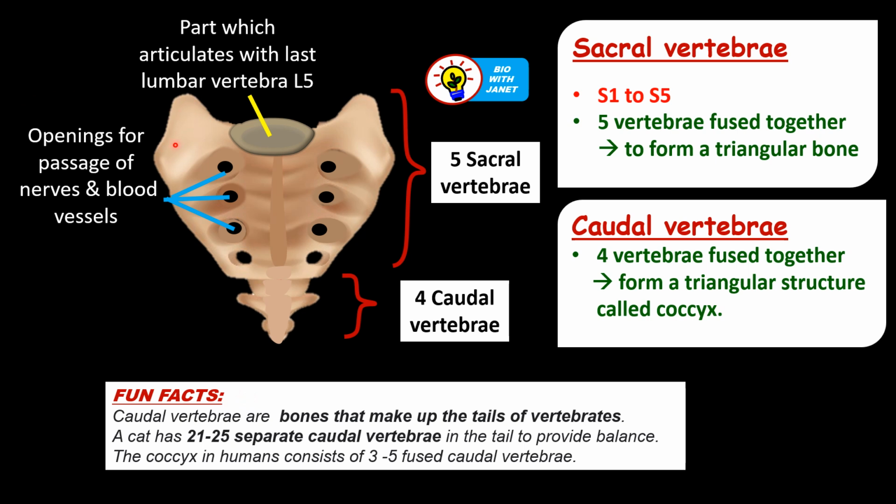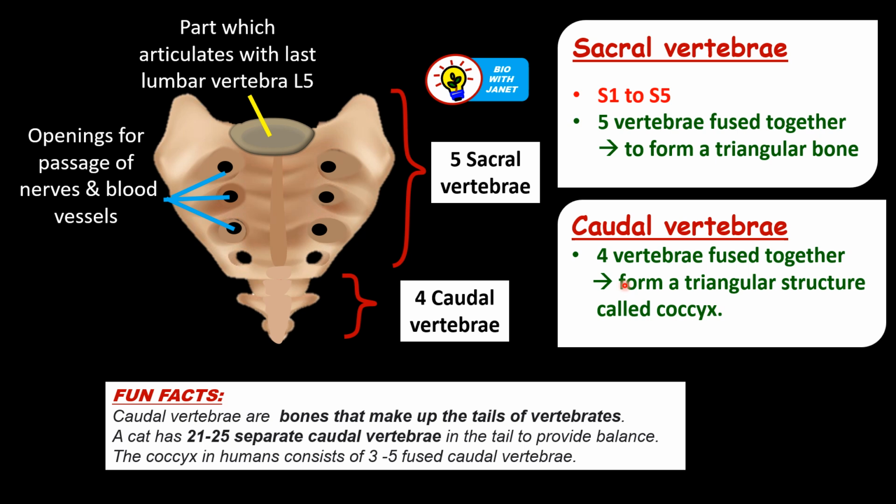So this is the surface of the sacrum that articulates with the pelvic girdle on the right side here and the left side here. Then on top here there is a hole, and this part articulates with the last lumbar vertebra, L5. So the sacral vertebrae are the fourth type of vertebrae.